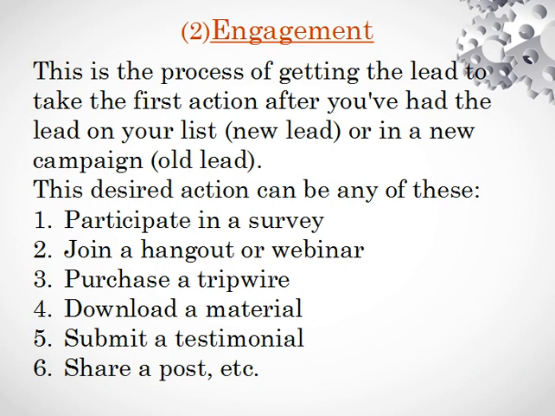Now, engagement is a process of getting the lead to take the first action when you have had the lead on your list or in the new campaign, for the old lead. Now, the desired action could be any of these. Number one, it could be to get them to participate in the survey.